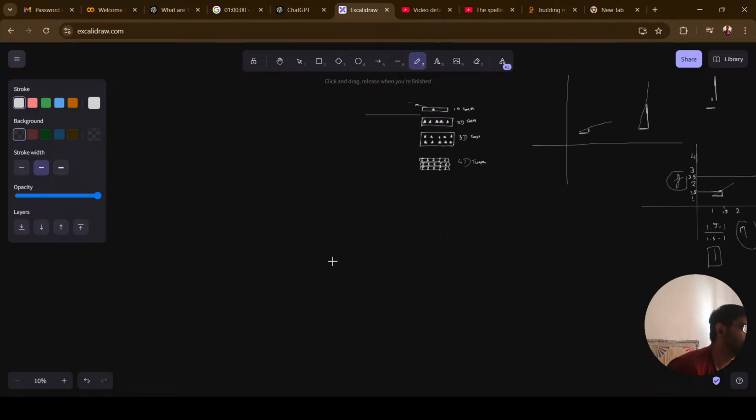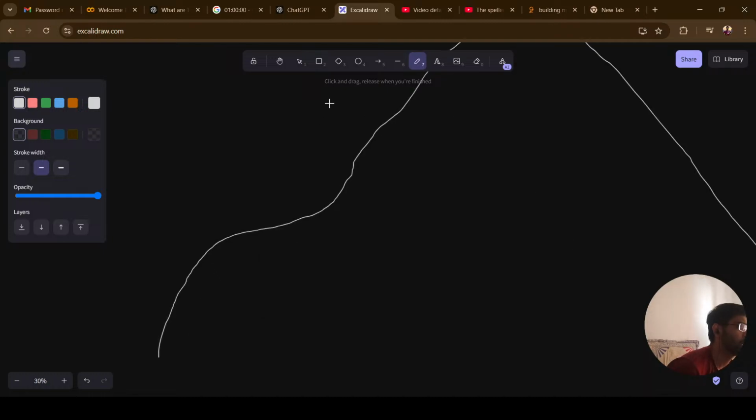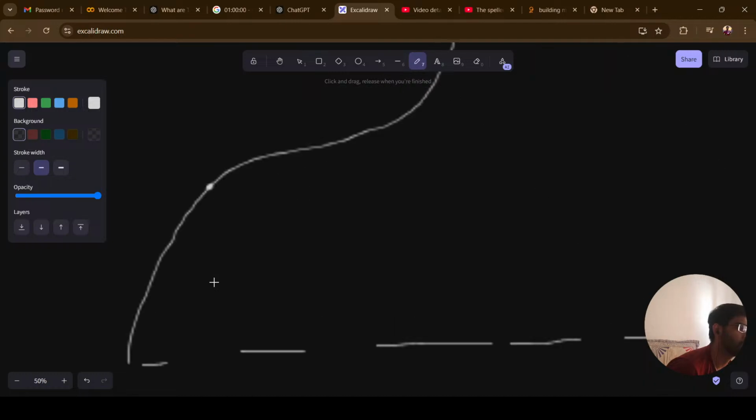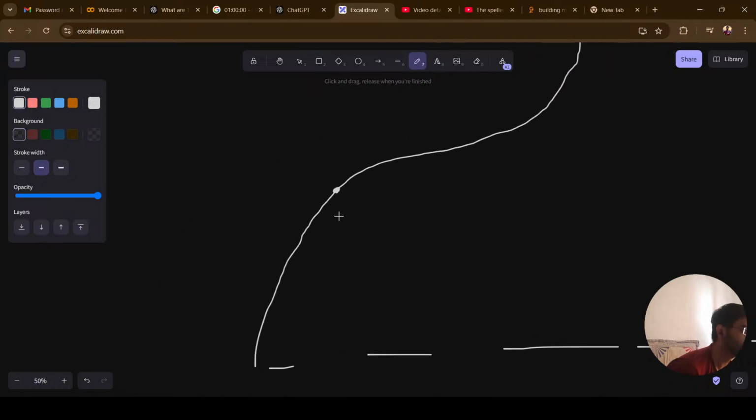There is a hill, right? The height at any point is measured from the ground level. This is the ground level, and this is the height.